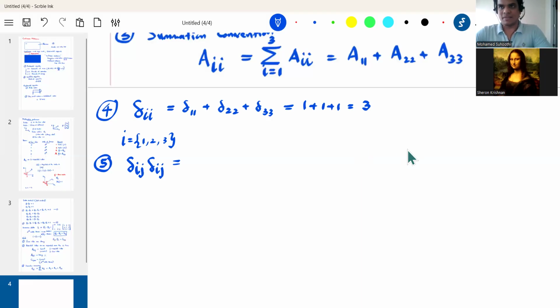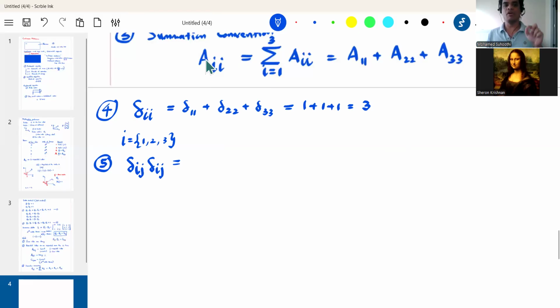So let's discuss here. But actually, you can practice on your own. i and j both go from 1 to 3. The first part I will explain here. Now again i and j are repeated more than once, therefore the summation convention will be there.